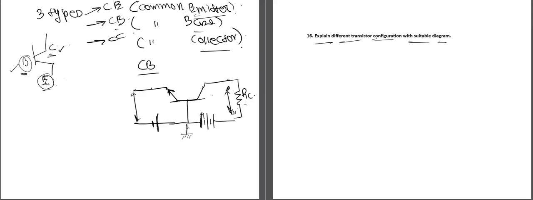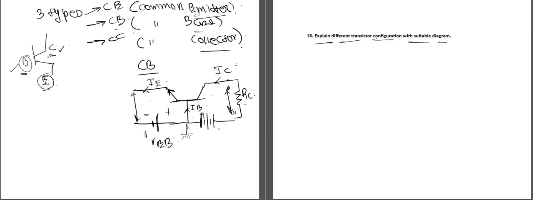This will be the emitter current IE, this will be the base current IB, and this will be the collector current IC. This is the input voltage, V of EB, because it is the voltage between the emitter and the base terminal.